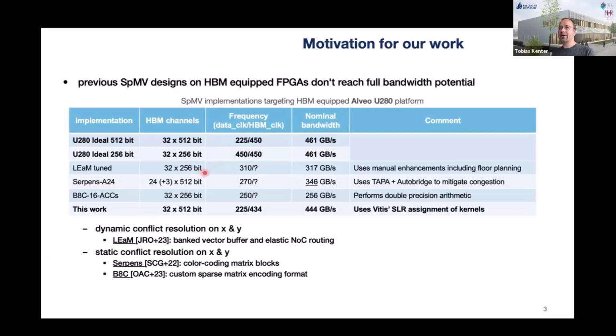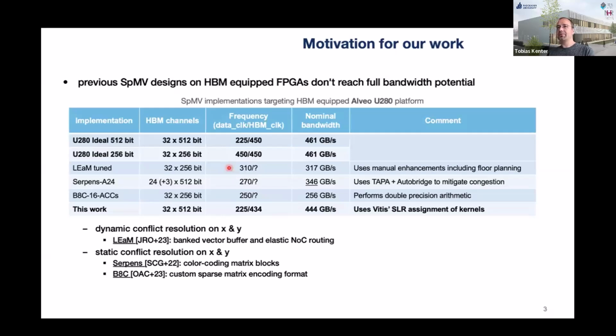They were able to use all the HBM channels, but couldn't reach the full clock frequency that is required to saturate the bandwidth in that case. So it works for a single kernel, but then scaling it to the full FPGA, clock frequencies always go down much below this 450 megahertz target.